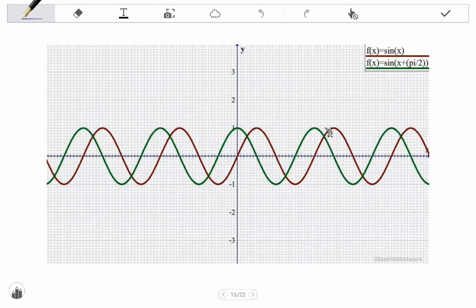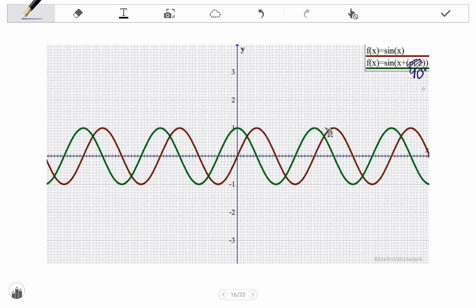Now we look at horizontal or phase shift. I'm just going to change this to 90 degrees. So we have our original graph, which is the red graph, y equals sine x, and then we have the graph shifted, and its equation is sine of x plus 90 degrees.